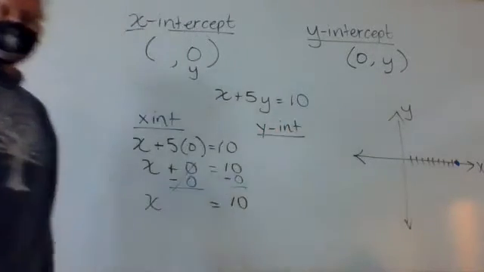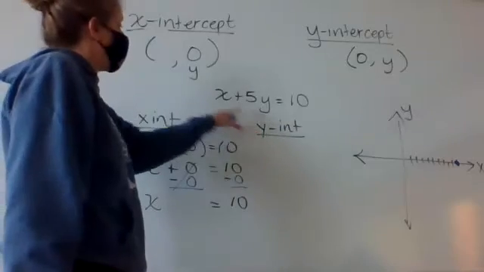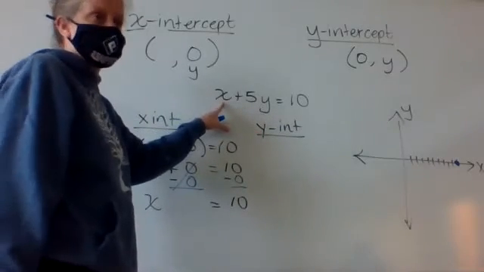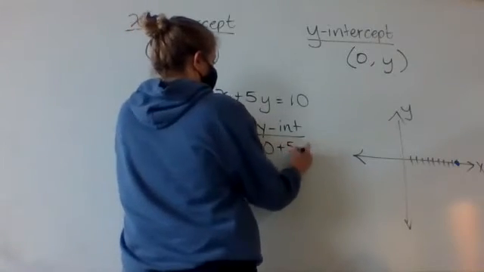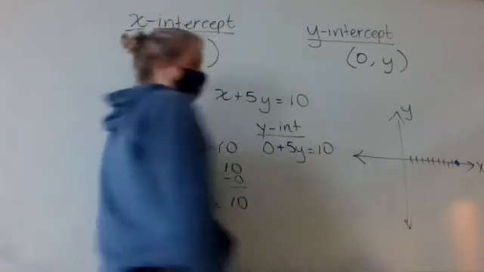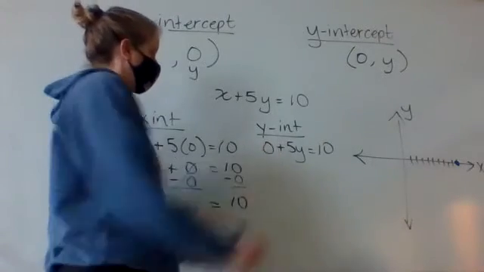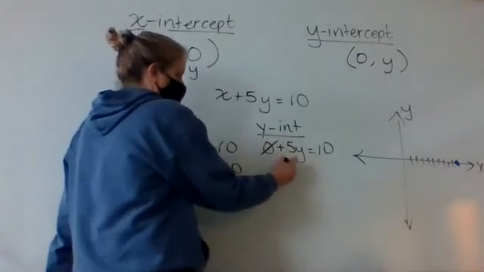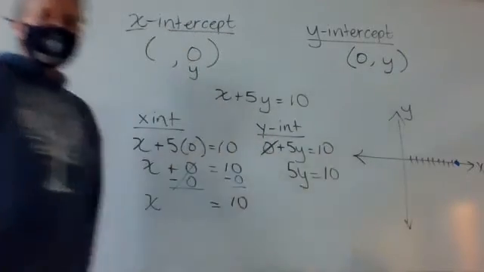And finding the y-intercept. If I'm finding the y, that means I put my 0 in the x. So I'll have 0 plus 5y equals 10. 0 is just nothing, right? It's like it's not even there. So all that I really have here is 5y equals 10.